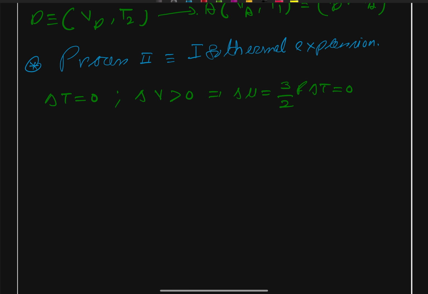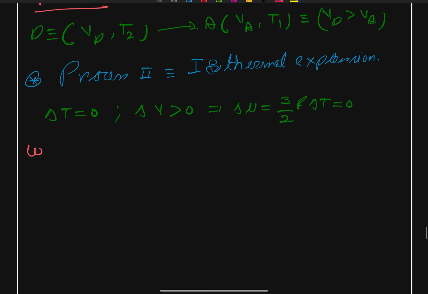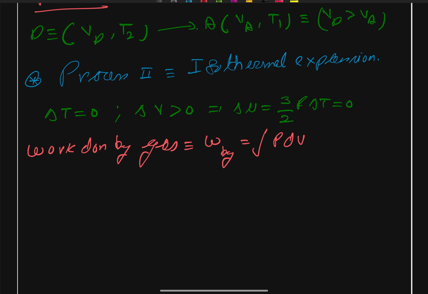And the work done by the gas, let us call this W by, will be equal to integration P dV, and P we already know is RT by V dV, and its integration.